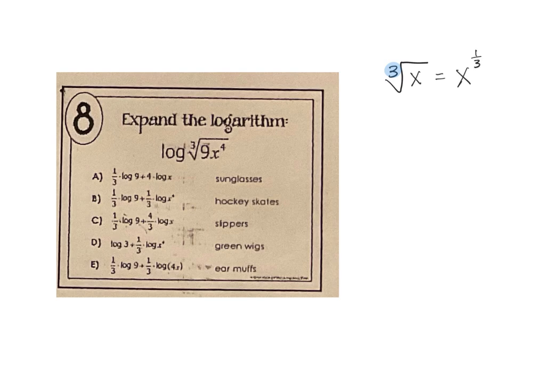So whatever the number in the index is the bottom of the fraction in the exponent. If it had been the 4th root of x, then we would write this as x to the 1/4. If it had been the 5th root of x, it would have been x to the 1/5. Okay, now that we've got that out of the way, let's erase all this.